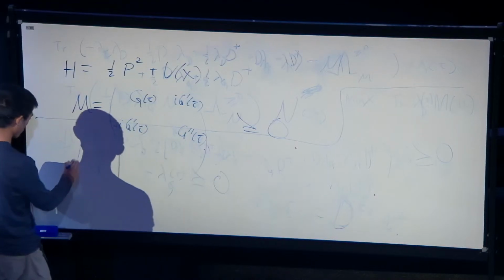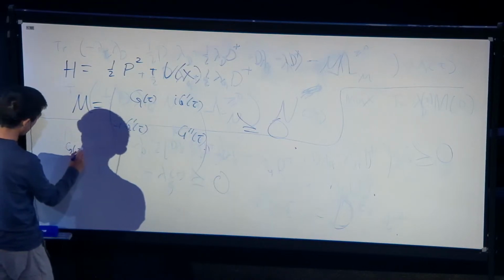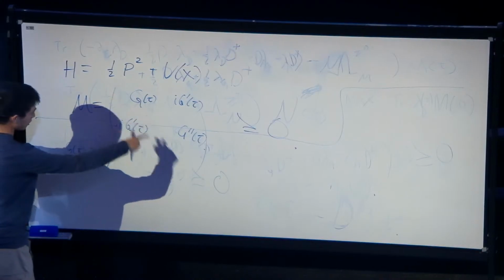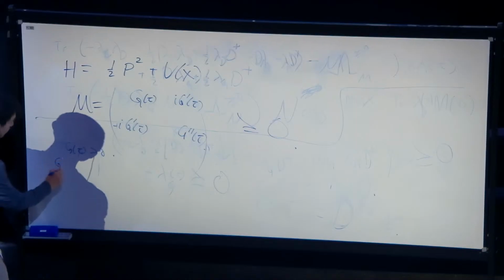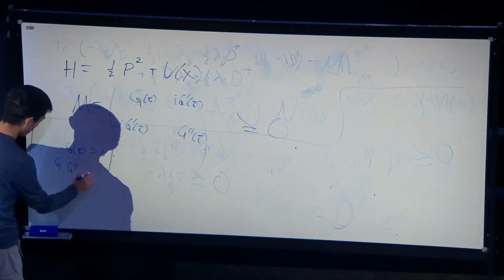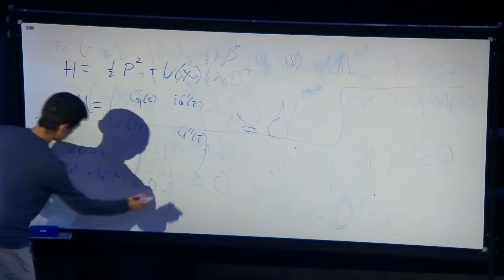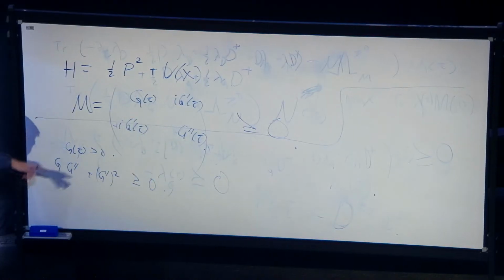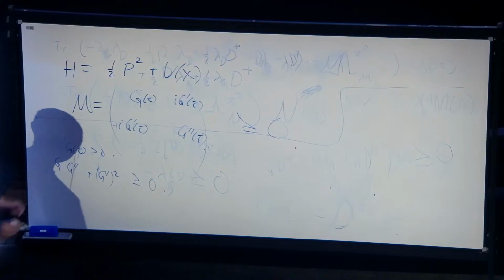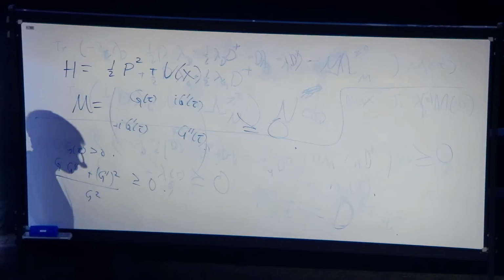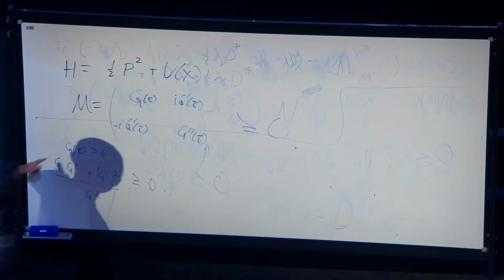What can we learn? First, G of tau itself is positive. That's no surprise. We also learn that the determinant of this matrix is positive, so that's G double prime times G minus G prime squared, hopefully I got the signs right. Because G is positive, we can divide by G squared, and this is also a true statement.